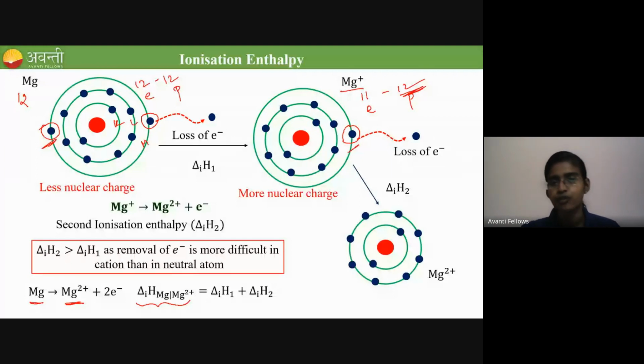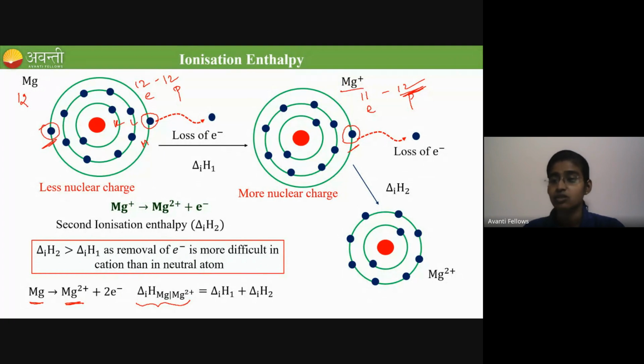As we have seen for the atomic size, what was the trend for atomic size across the period? When you go from left to right in the periodic table, will the size increase or decrease? Yeah, very good.